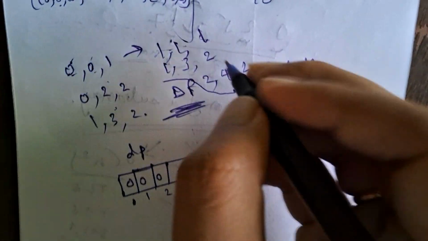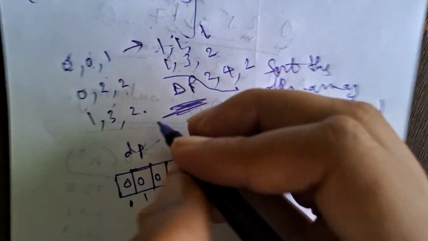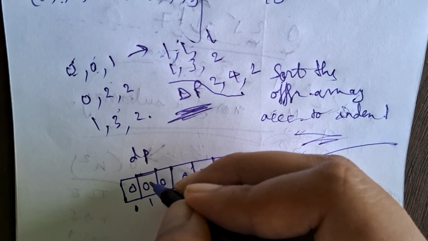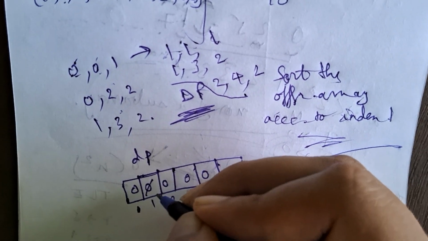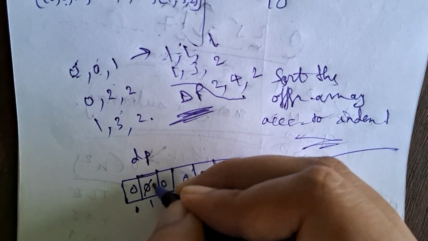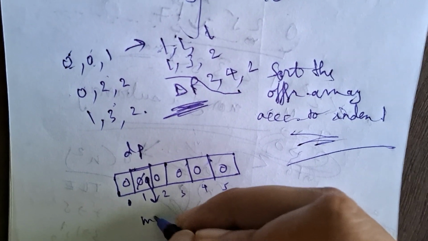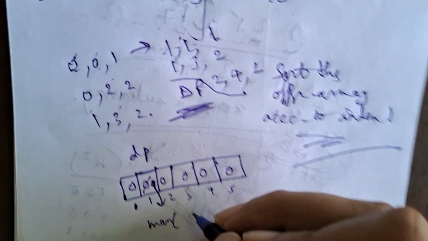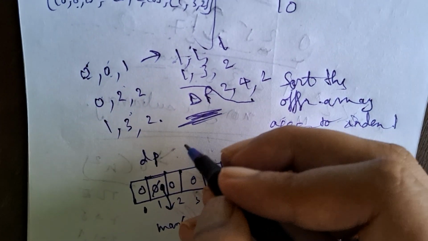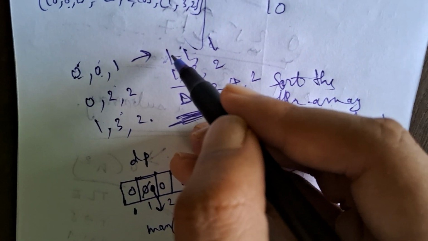You know that, right? For 1, 1 there is 1, so for 1, 1 we write the maximum of 1. We make this the maximum of whatever was there, that is 0, comma, whatever is over here.